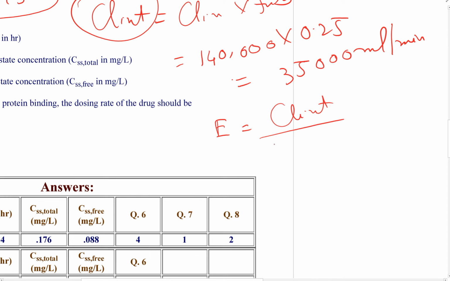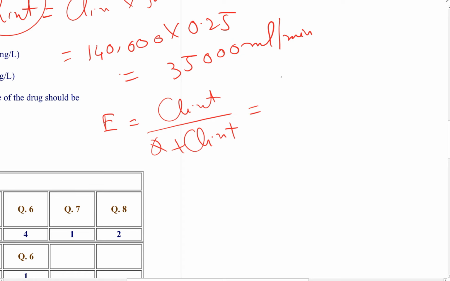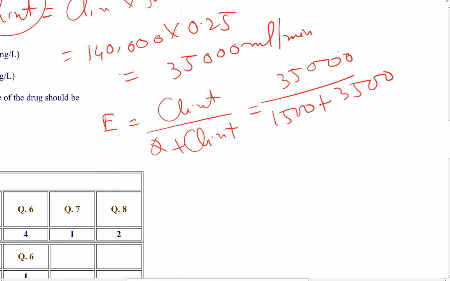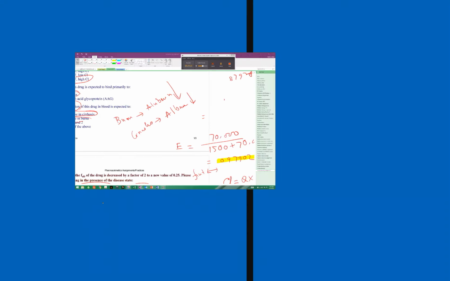CLINT divided by Q plus CLINT is equal to 35,000 divided by Q, which is always 1500, plus 35,000. Here again E is going to be 0.9589. So as you can see, E has gone down a little bit.